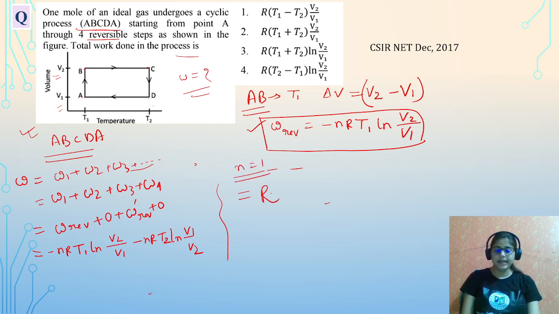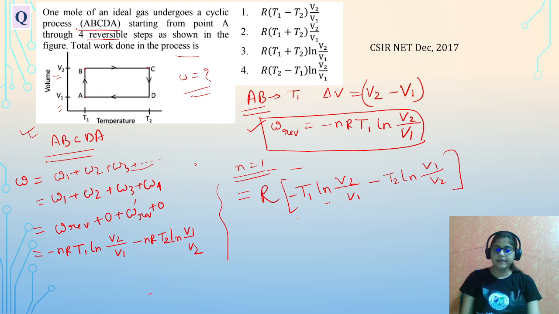If we take R outside, it will be T1 ln V2 by V1 minus T2 ln V1 by V2.